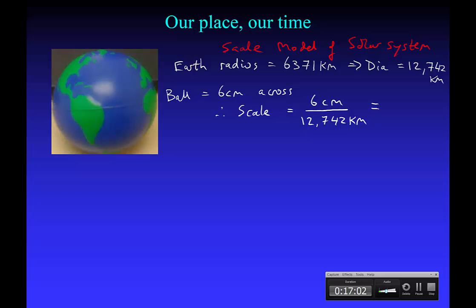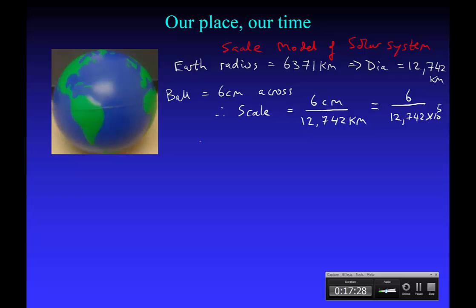So I will turn the 12,742 kilometers into centimeters. My number is going to be 12,742 times 10 to the power of 5, because there's 10 to the power of 5 centimeters in a kilometer.